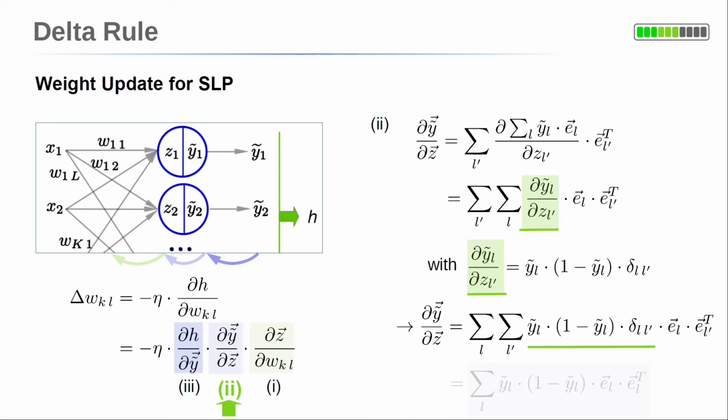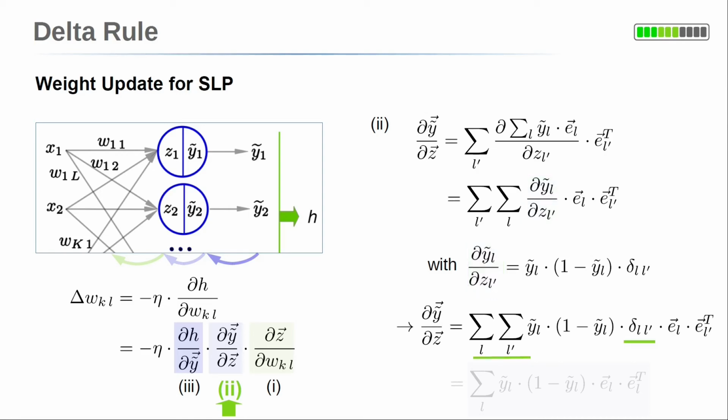We can put everything together, which gives the sum over L and L prime of y tilde L times 1 minus y tilde L times the Kronecker delta L L prime times the unit vector EL times the unit vector EL prime transpose. The two summations consider all possible combinations of L and L prime.